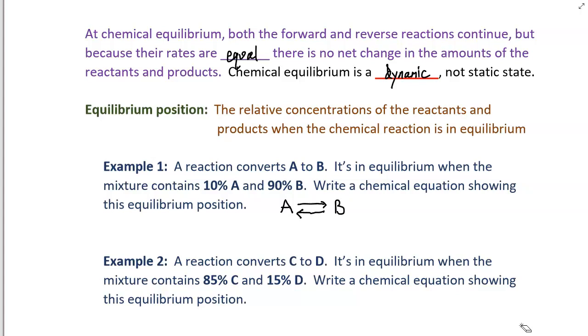Underneath the A and the B, we can indicate the relative concentrations of the two substances when the system is in equilibrium. 10% of the substances in the overall mixture is substance A, and 90% of the mixture is substance B. Sometimes you'll see this shown using arrows that are not the same length.